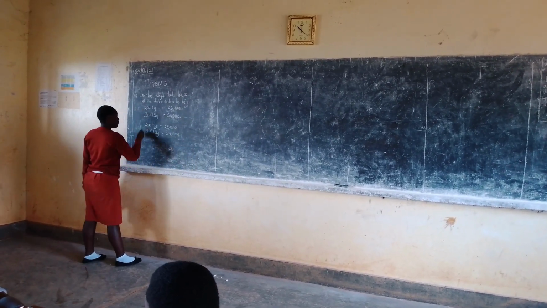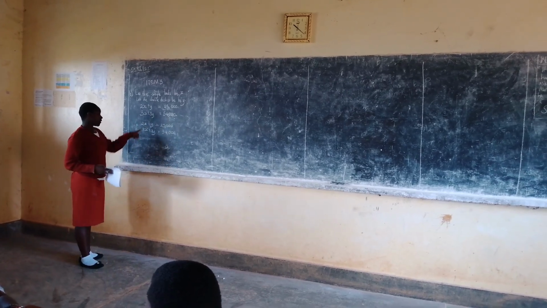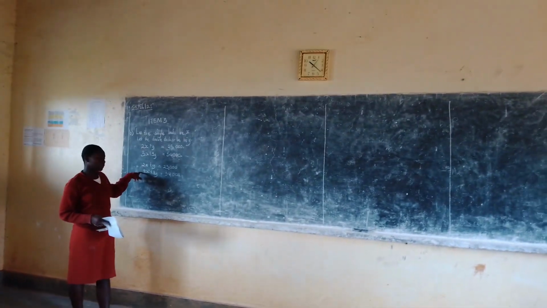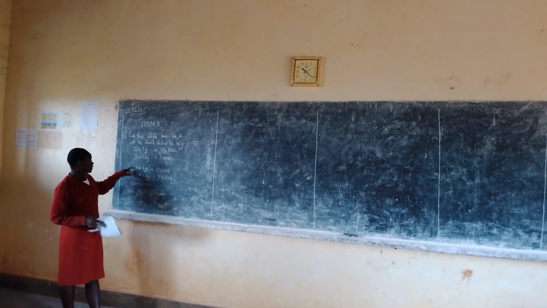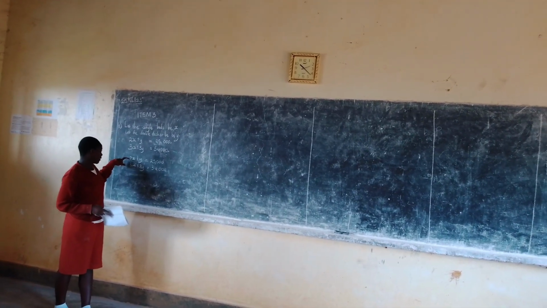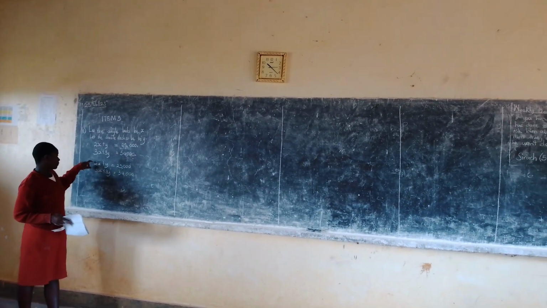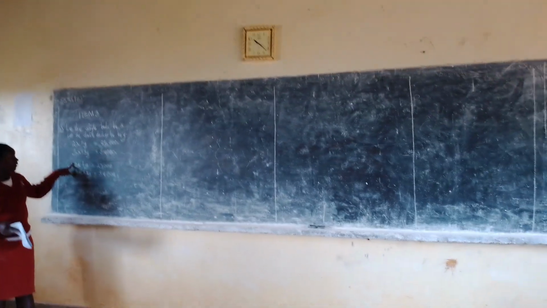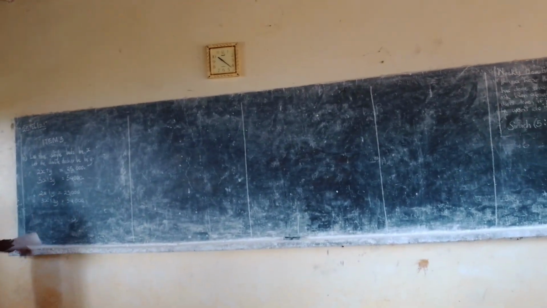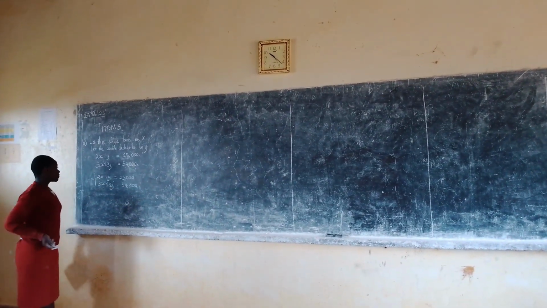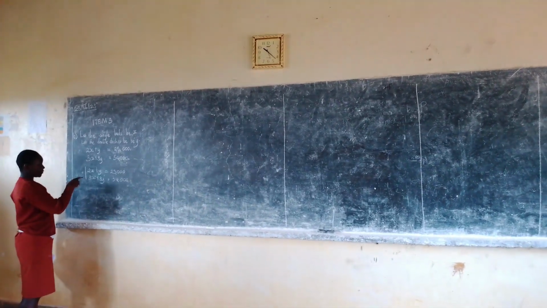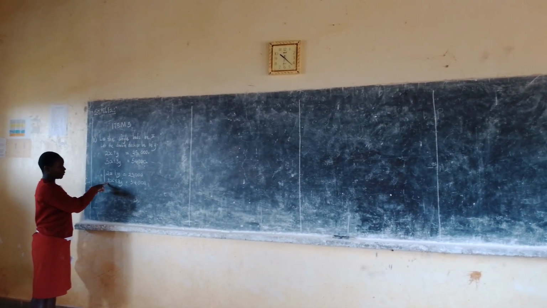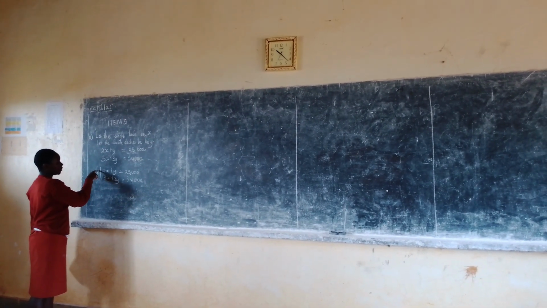So in order to eliminate our x, we see that in the first equation we have 2x and in the second equation we have 3x. So we have no way of eliminating x unless we first make them equivalent. So how can we make them equivalent? We are going to multiply the first equation by 3 and the second equation by 2.